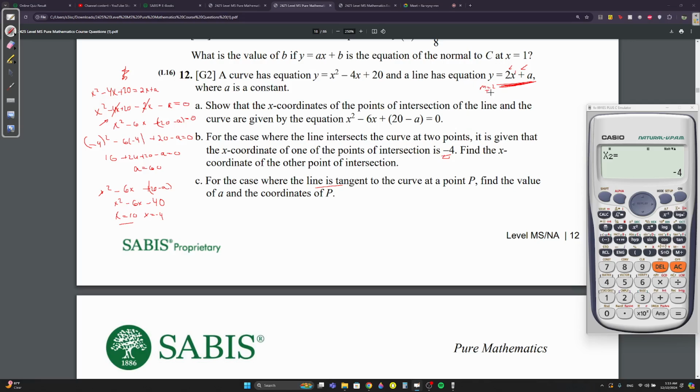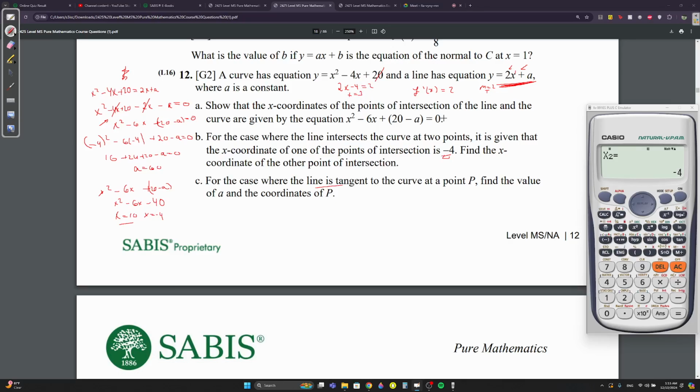It means when you substitute x into f prime of x, you're going to get 2. What is the derivative? It's 2x minus 4. 2 times 1, 2 reduced by 1, x. 1 times minus 4 reduced by 1, it's minus 4. 20 gets canceled. 2x minus 4 should be equal to 2. So you're going to get x equals 3.